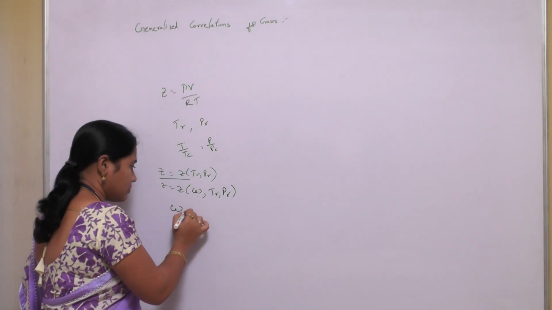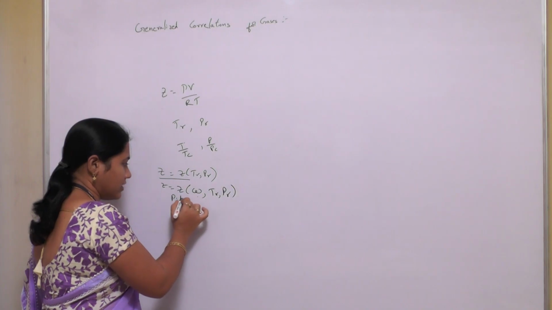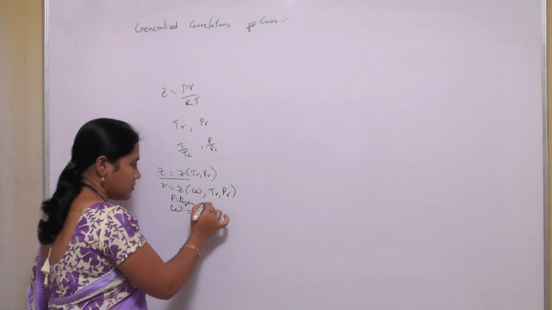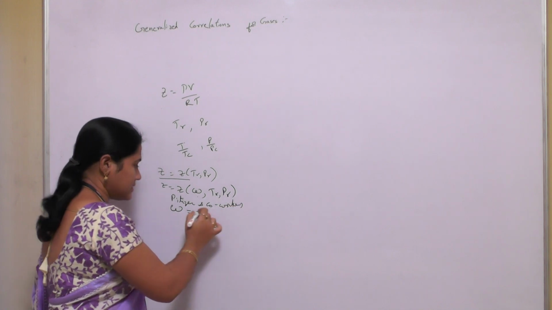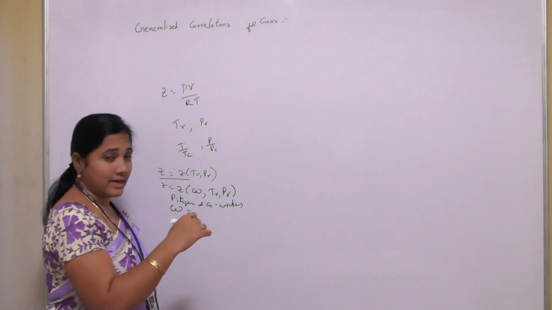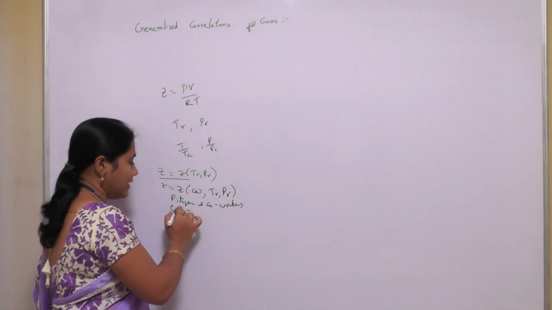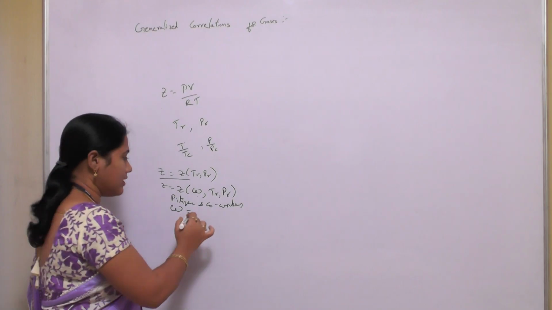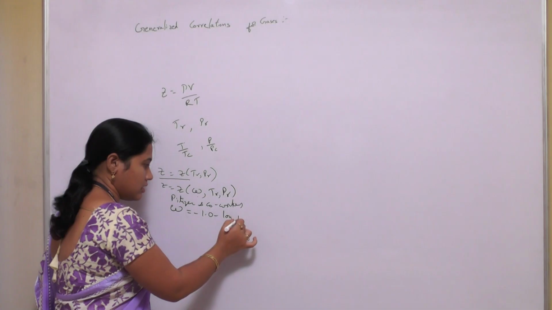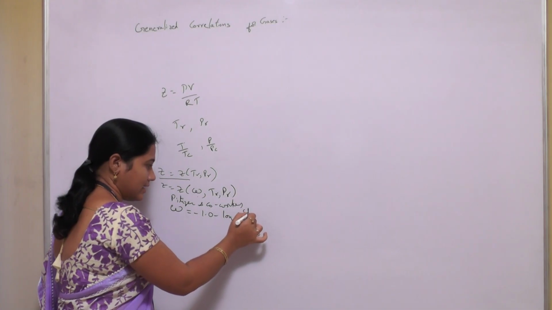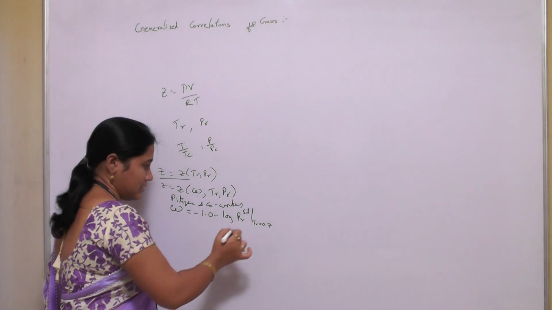Pitzer and co-workers conducted several experiments and developed an equation for the acentric factor. Omega equals minus 1.0 minus log Pr sat at Tr equals 0.7.